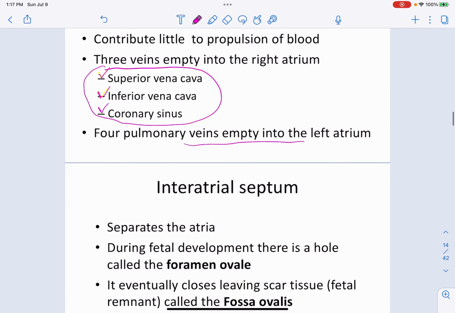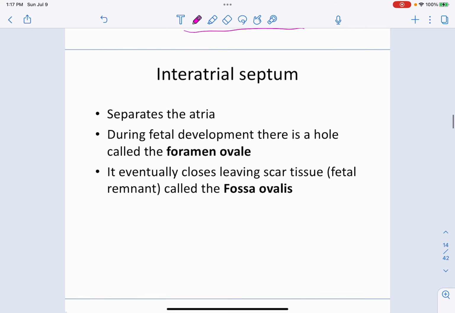Okay, let us talk about something that's somewhat clinically significant, and that has to do with the interatrial septum that I mentioned to you. So again, that septum separates the atria, and interestingly, during fetal development, there is a hole there called the foramen ovale.